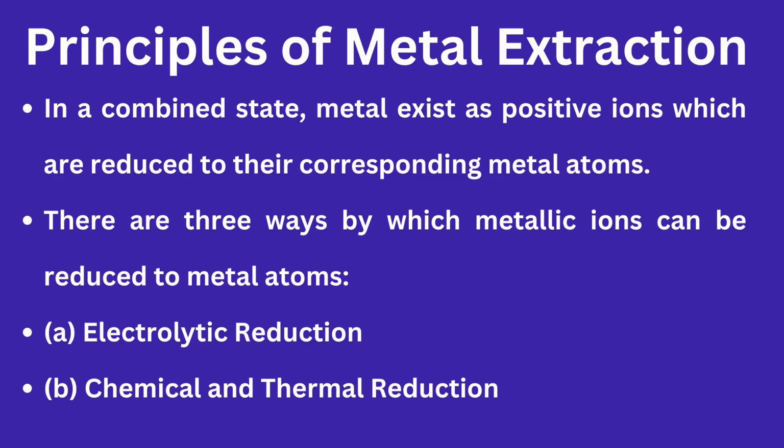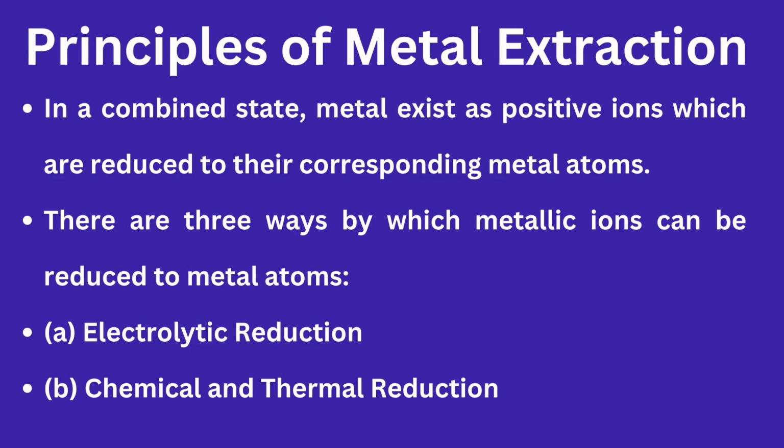Okay, so like I've said before, we have categories of metals: the very reactive metals, the moderately reactive, and the less reactive metals. So we want to see how these metals are actually extracted. Now, I said earlier that the least reactive metals are found in their free state.